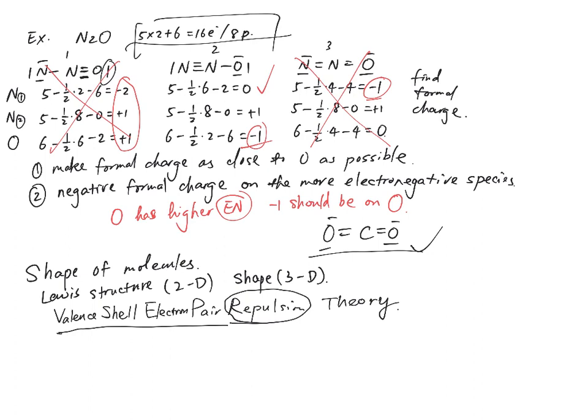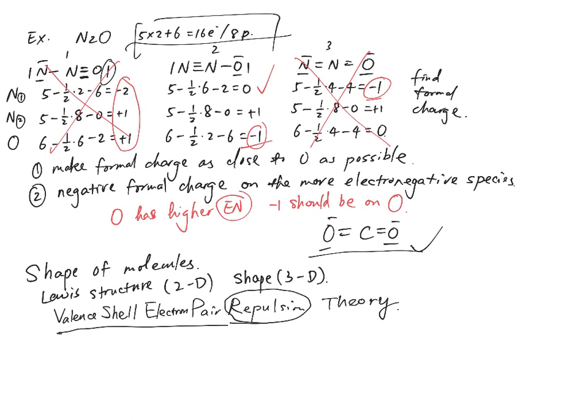So the way that we determine the shape of molecules depends on how these electron pairs, and we're not looking at any of the non-central atoms. In the shape of molecule, those guys are not as important. Okay, now, who's important? All the electron pairs on your central atom.